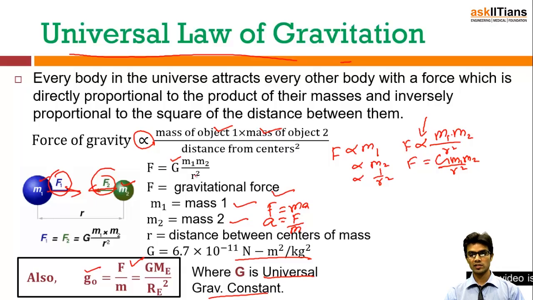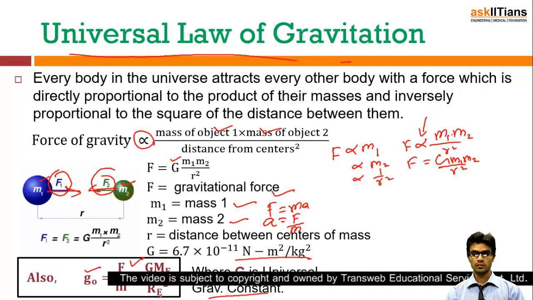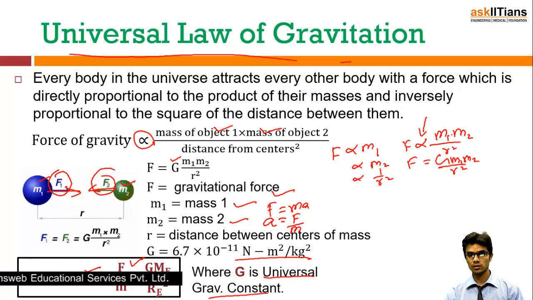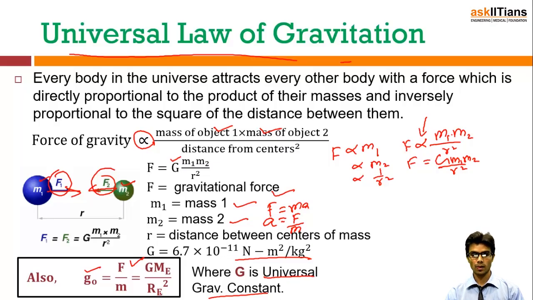Here m is the mass of the earth and r is the distance between the two bodies, or the radius of the earth. So g0, the acceleration due to gravity, is G Me by Re square. This is also an important formula, so keep it in mind.